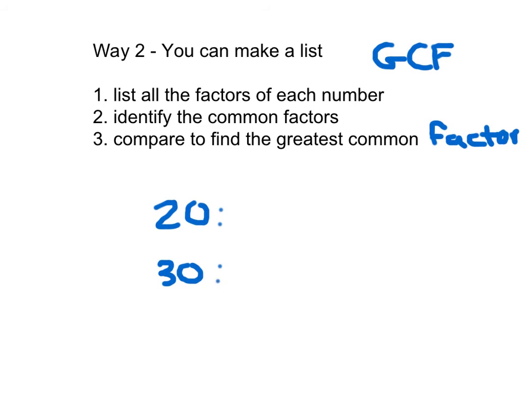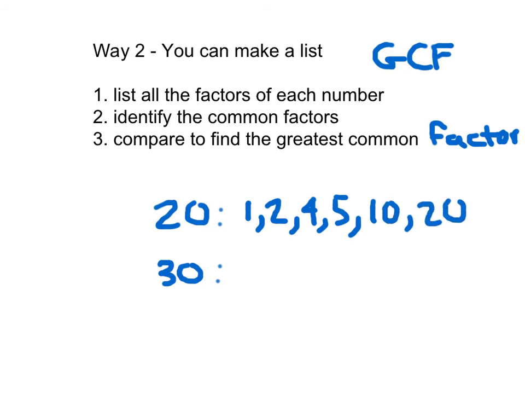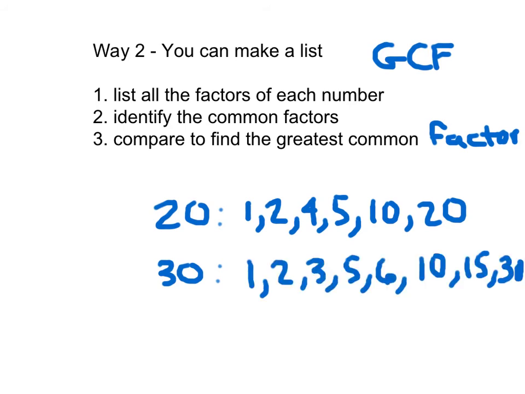We'll start with 20, where we know the factors are 1, 2, 4, 5, 10, and 20. Our factors of 30, I'll go ahead and list them for you. There are the factors of 30.